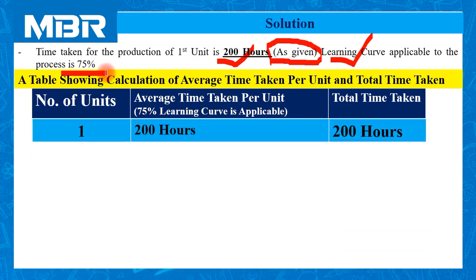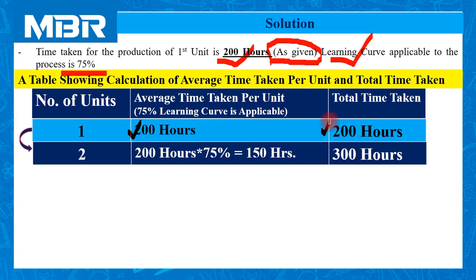When we prepare the first unit, we need 200 working hours. So total working hours is also 200. We need to start from the first batch or first unit. Now, when we double the quantity, from 1 it is doubled to 2. We need 75% of the time of the previous one.